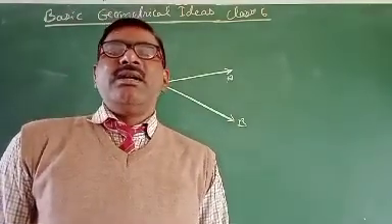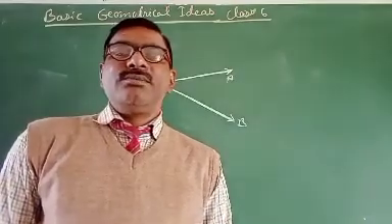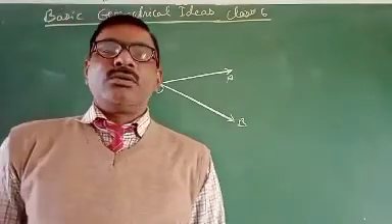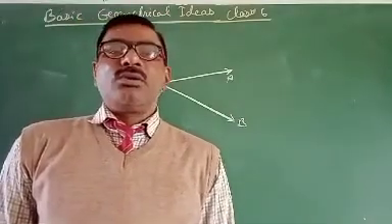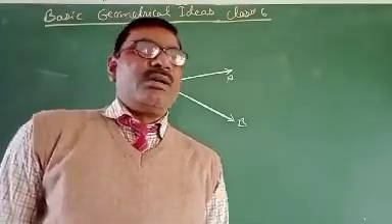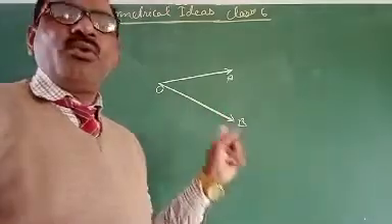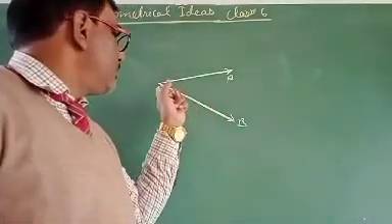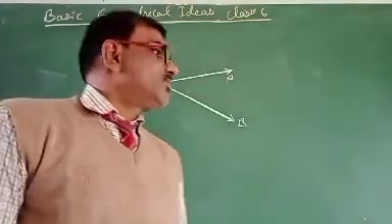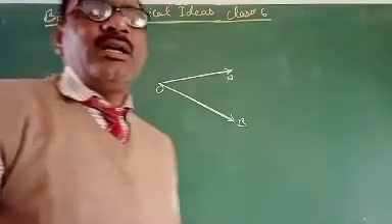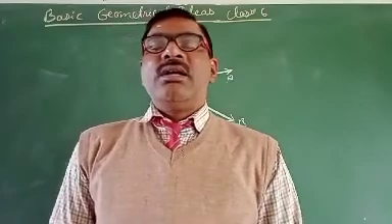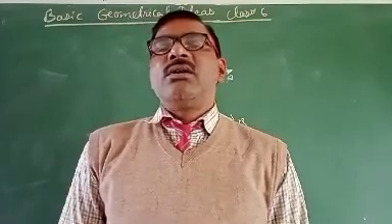It means we can define an angle as two rays which start from one end point. Here we see that rays OA and OB start from point O. So an angle is formed. Now I will define what is the interior of an angle and the exterior of an angle.